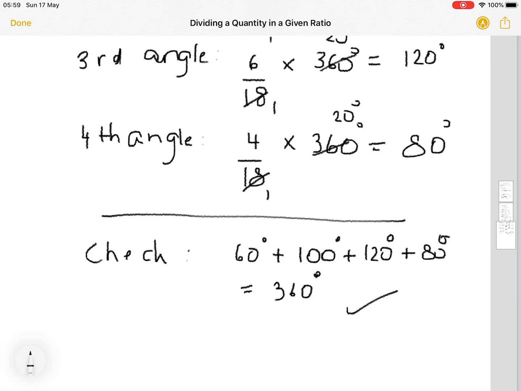Now, boys, it is important that if you have just two ratios, or you have the last ratio to find, it's important not to subtract from the quantity the amount of the other part of the ratio. Why?